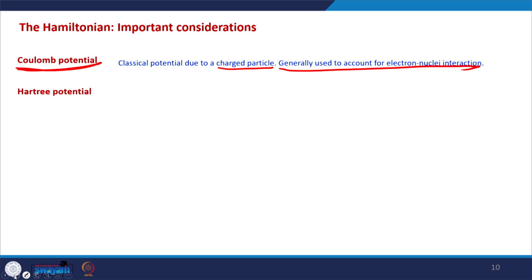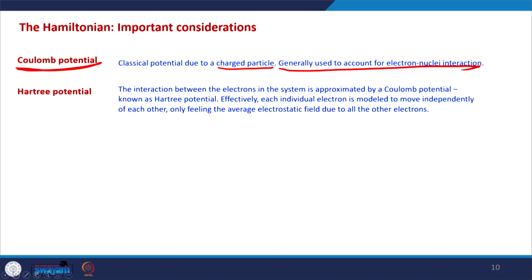Second important idea is the idea of Hartree potential. That lies at the heart of calculating the electron density function. What Hartree potential does is reduce this problem of interacting multi-electron particles into a problem of non-interacting particles.